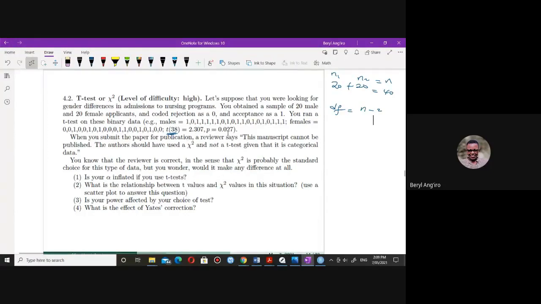and then you get the t-value as 2.307 and the p-value at 0.027. And therefore, of course, here you decide that you are rejecting the null hypothesis, that the means for male and female are the same. So we accept the alternative that the means are not the same.